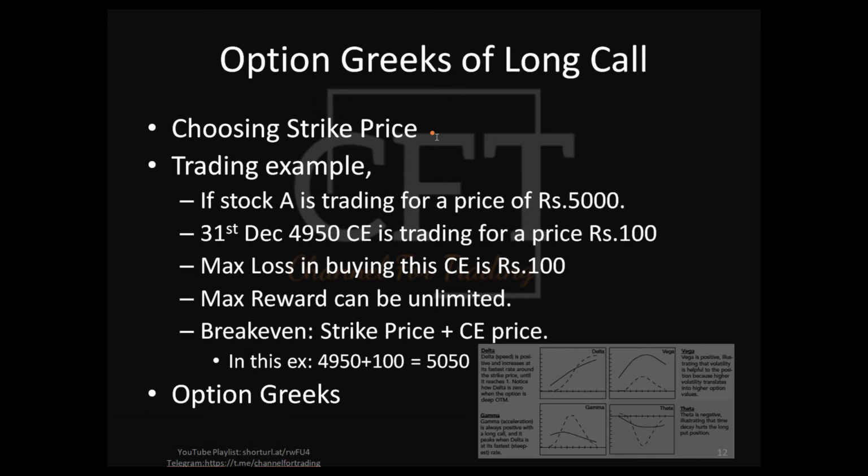The maximum loss in buying this call option is rupees 100, because this is the option premium, or the price of the call option. So the maximum loss in buying the CE is rupees 100 into the lot size, because we cannot buy one option; we have to always buy in lot size. That will be the maximum loss.